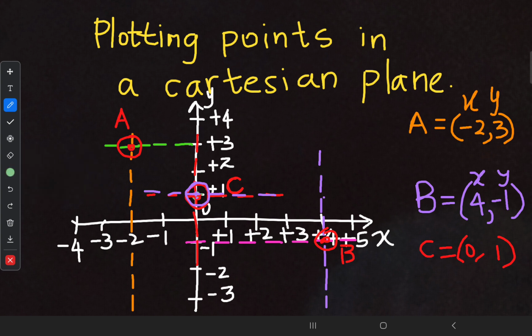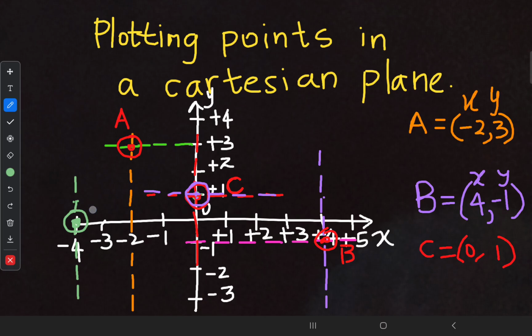When we think about another instance, this is my point. To find its coordinate, I have to draw a standing line. Rather than using the word vertical line, I'm using a standing line, a straight vertical line in a standing position.